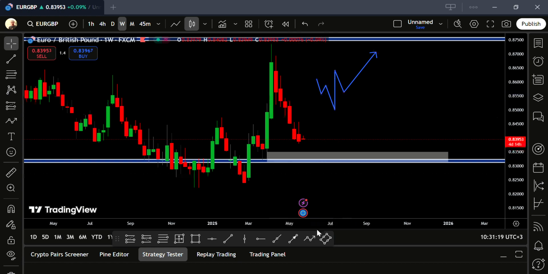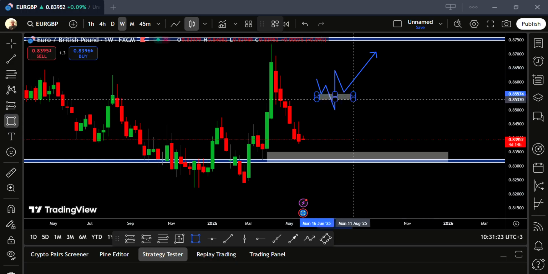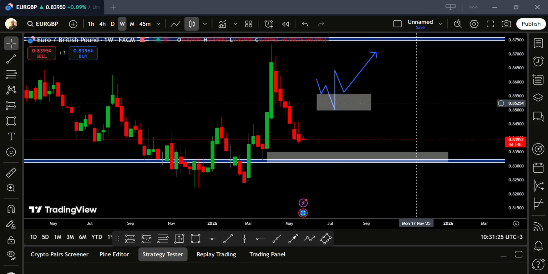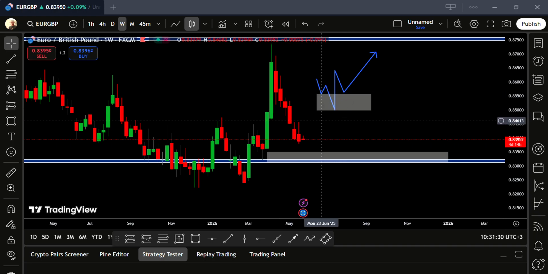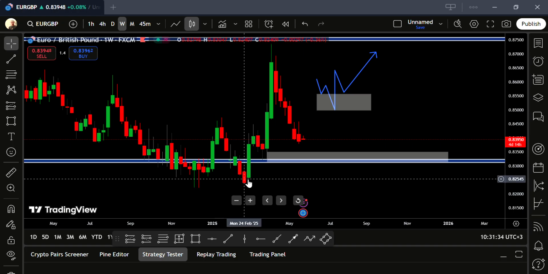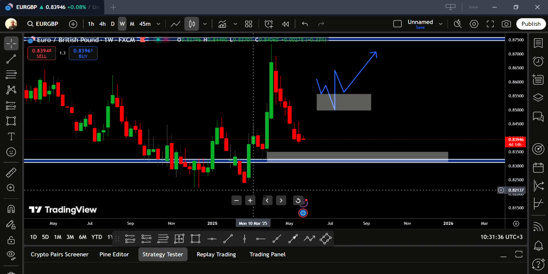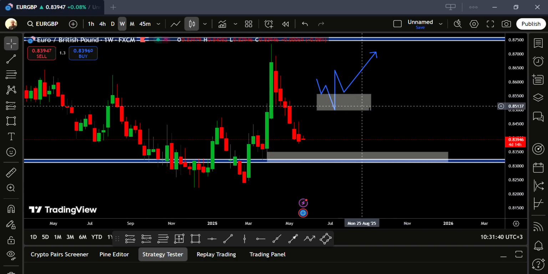So we come for our entries between this area here. This is where we look for our entries, from the shoulder to the wick of the head. But in this case, the head has no wick, so we shall be looking for our entries from this shoulder here to here. Good.